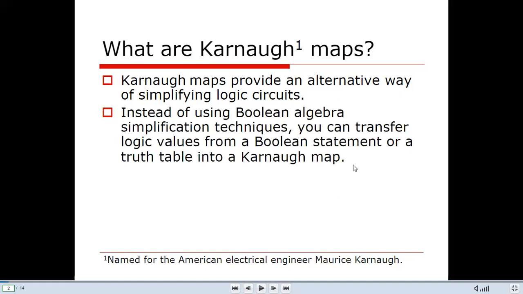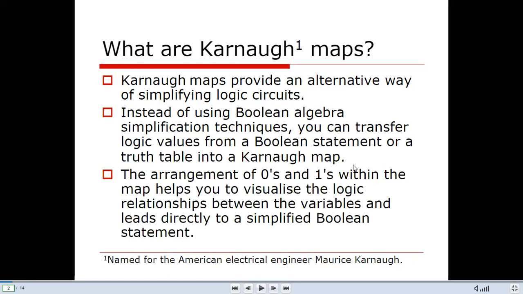So instead of using Boolean algebra simplification technique, you can transfer logic values from a Boolean statement or a truth table into a K-map. So we can simplify the Boolean expression by using the K-map. We can minimize the number of gates by using the K-map. We minimize the circuit.